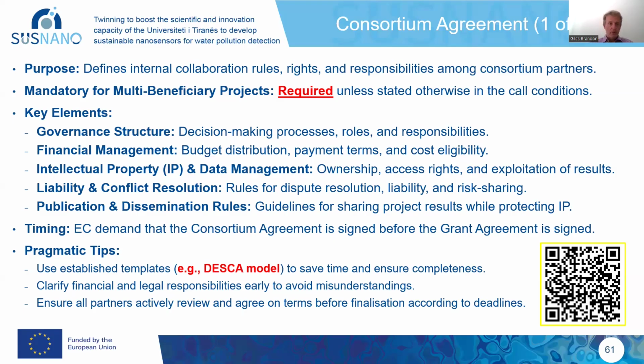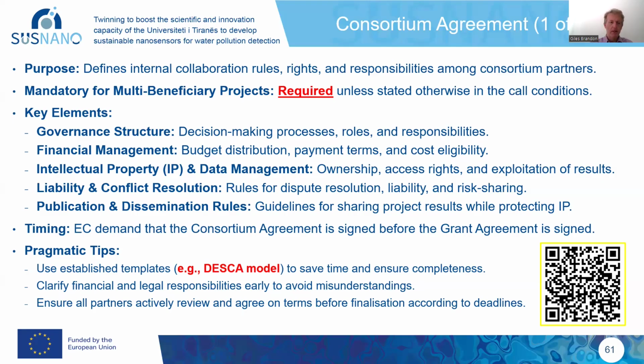Even if you use this DESCA model, it still needs to be negotiated with your partners. So make sure with your consortium you clarify financial and legal responsibilities early to avoid misunderstandings. Make sure all partners actively review and agree on terms of the consortium agreement before finalizing, according to deadlines. So be careful.